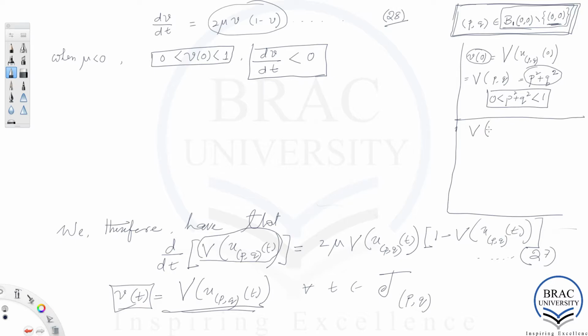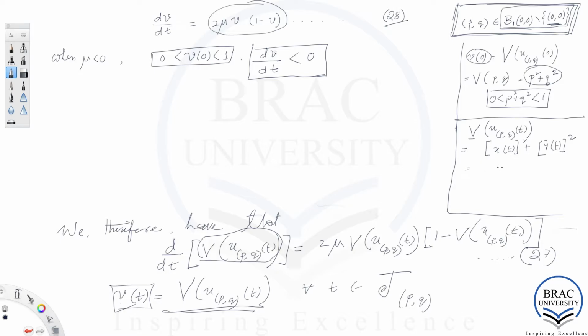Now there are a few other things that we want to discuss. V of u sub p comma q at t is, according to the definition of this function, big V, this is x of t squared plus y of t squared, okay?